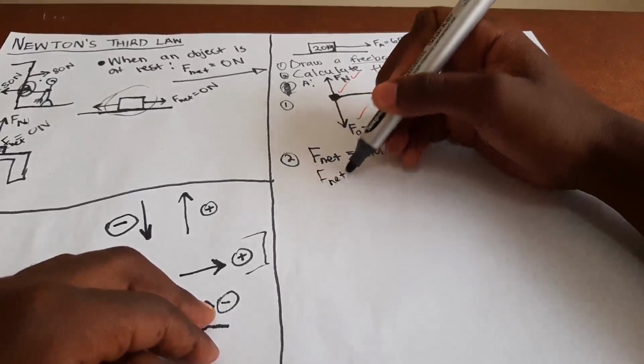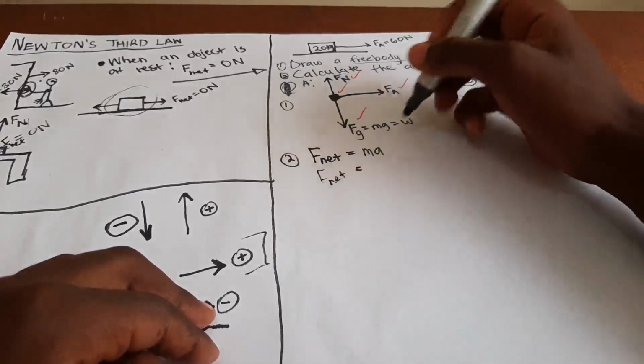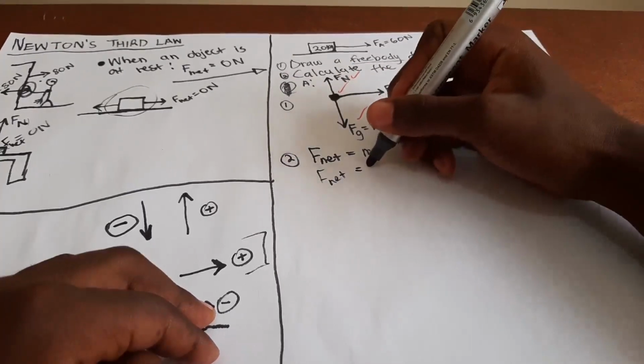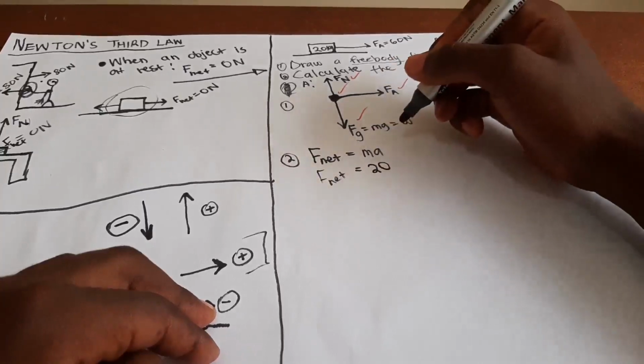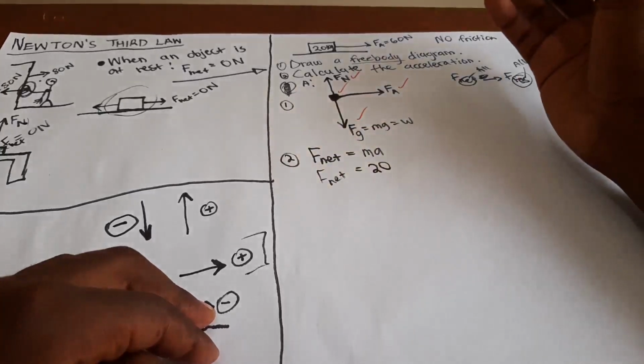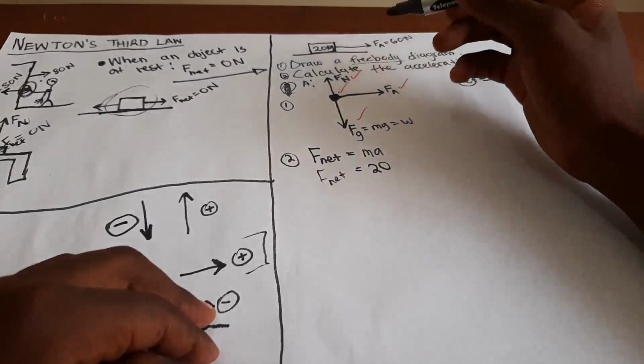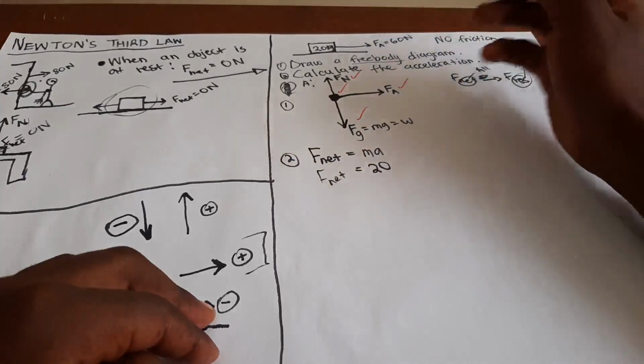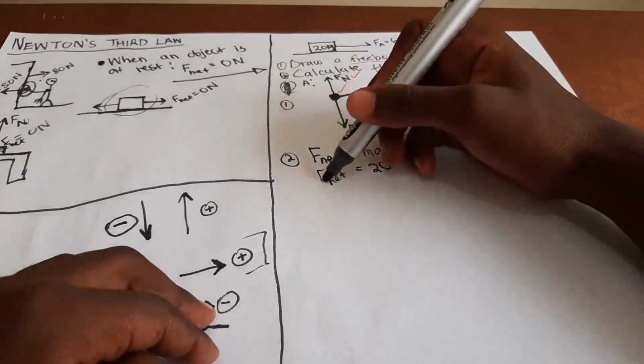The net force is equal to ma, the mass of that object is 20 kg, and the net force is 60.